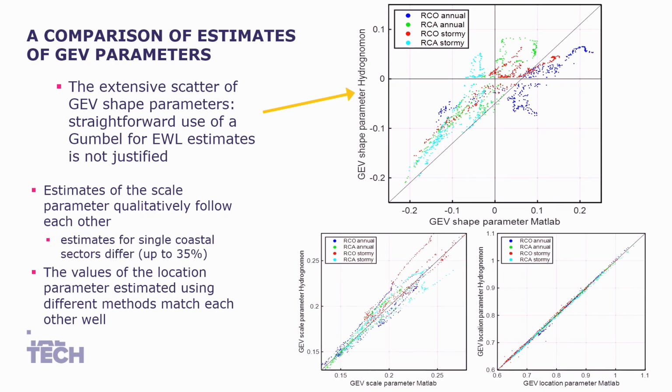And this means that the straightforward use of Gumbel distribution for extreme water levels is not justified. Usually in our region, on this east coastline of the Baltic states, Gumbel is most commonly used.